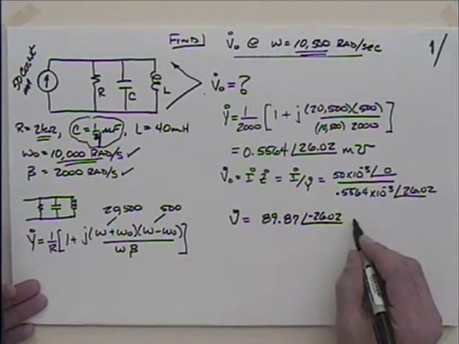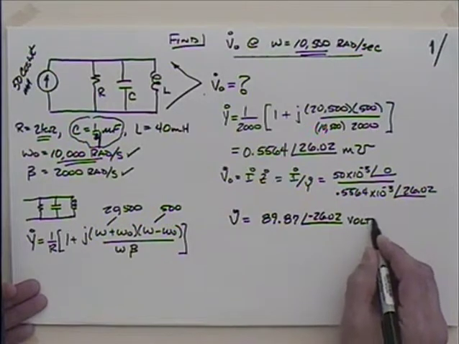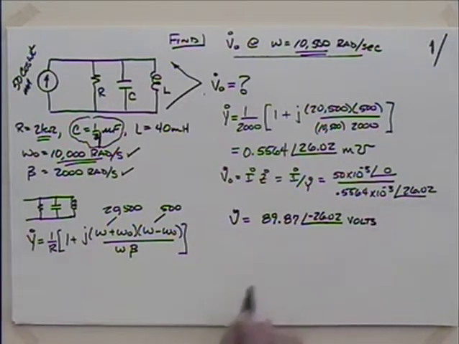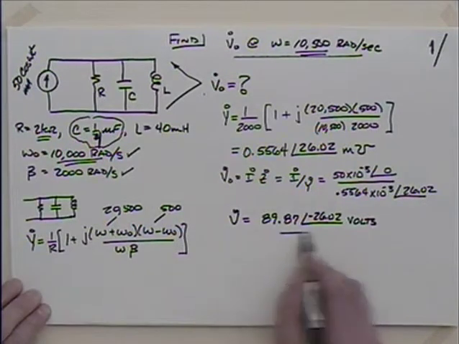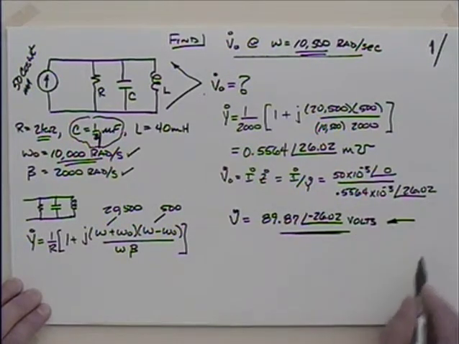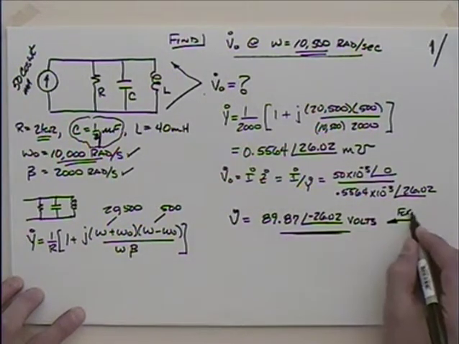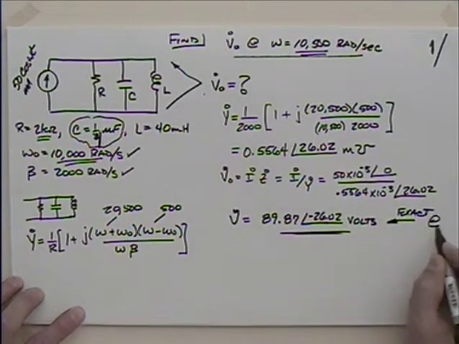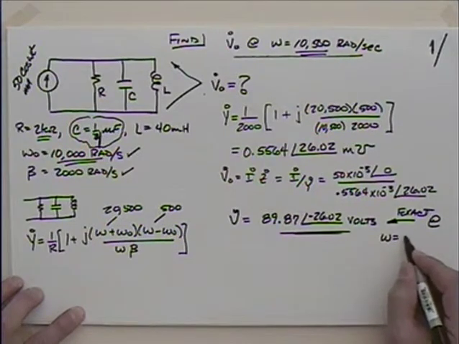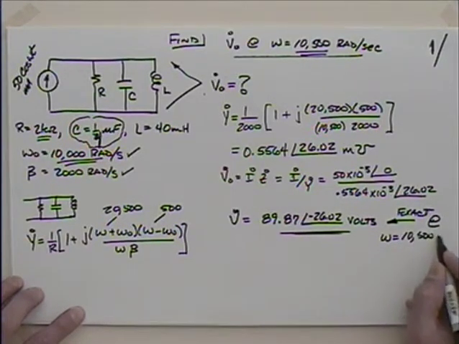That should be volts. Okay. So that would be our answer. And that's at this frequency. This is exact, at omega equal to 10,500 radians per second.